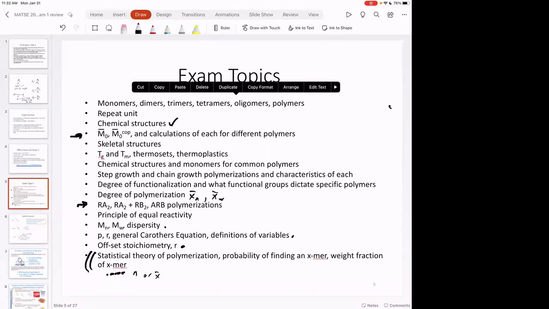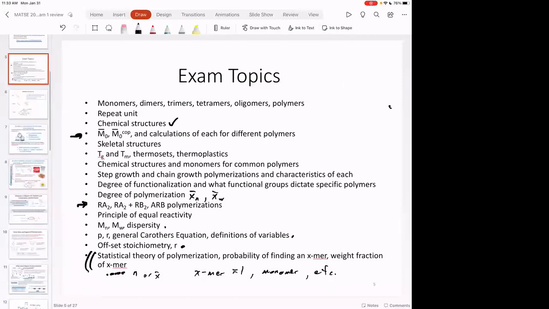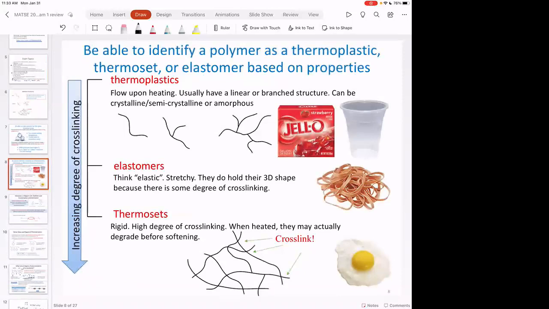And so this is a way to think about an XMER: X equals 1 is a monomer, etc. So that's a way to decode when I ask you about an XMER, how to get that number. And we'll cover it again today because I want to make sure to give that full shift. Okay. Other questions?